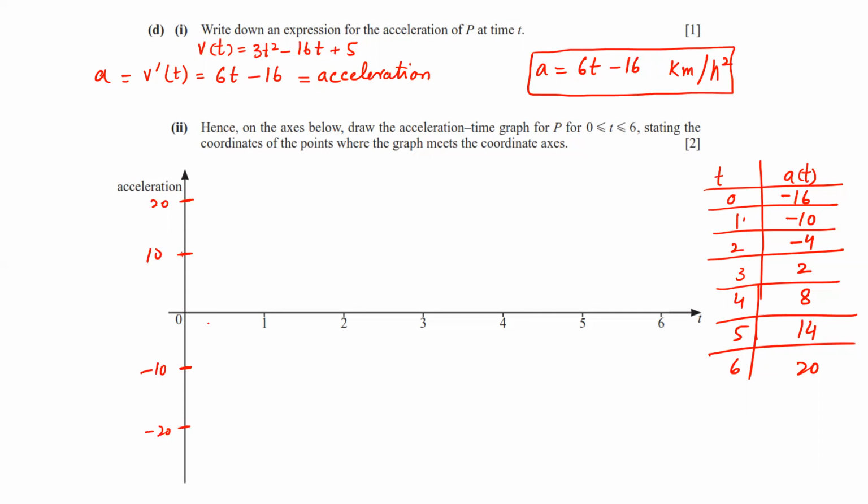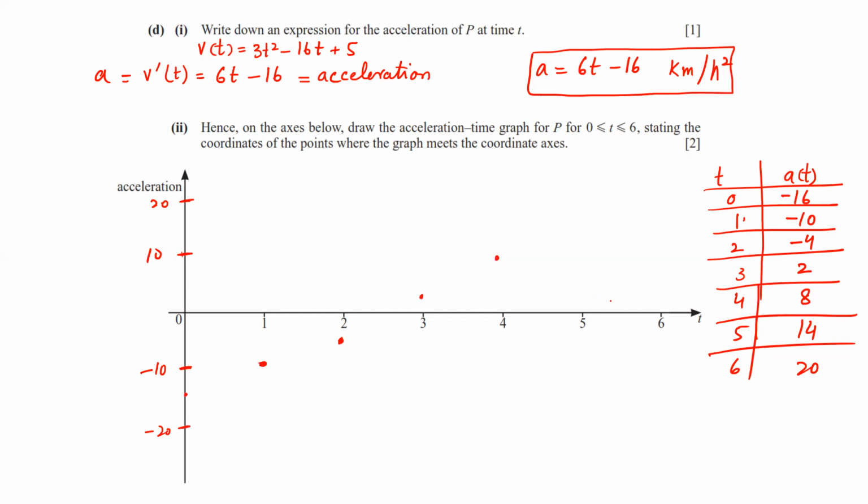Okay, so at 0, the value is minus 16. At 1, the value is minus 10. At 2, the value is minus 4, somewhere here. At 3, the value is 2. At 4, the value is 8.